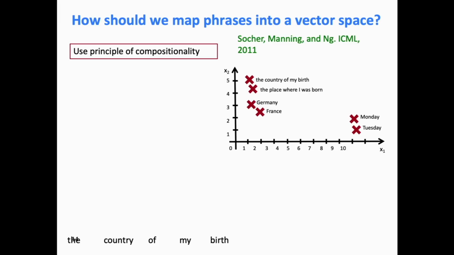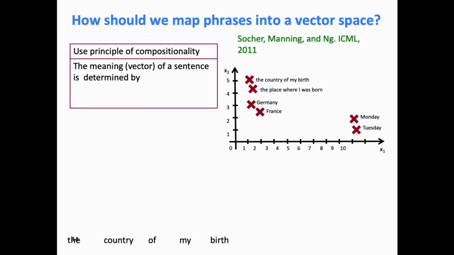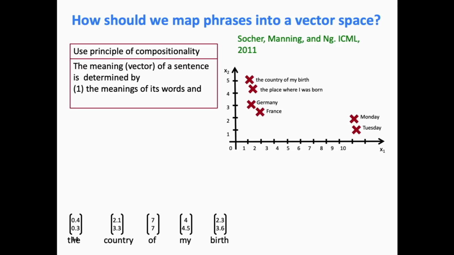So the question is, how could we go about doing that? Well, answer number one is we're going to use the principle of compositionality, since we're sure it's right. What the principle of compositionality essentially says is that the meaning of a sentence, or of any phrase, any constituent, you build by knowing the meanings of its words and then having rules that combine these meanings.